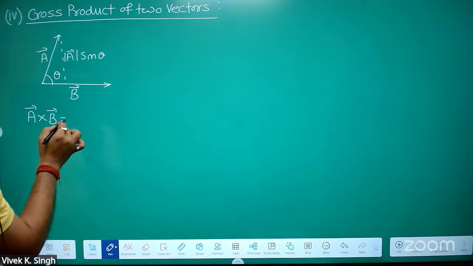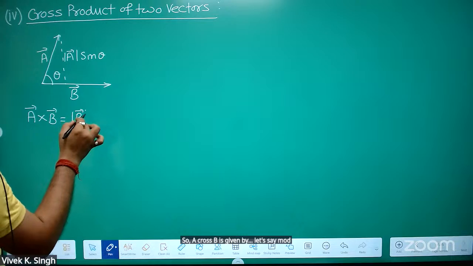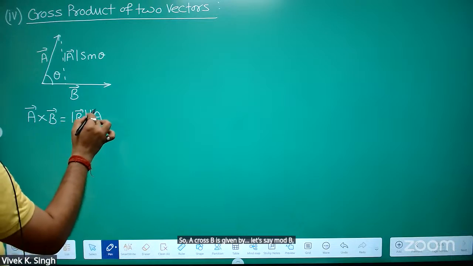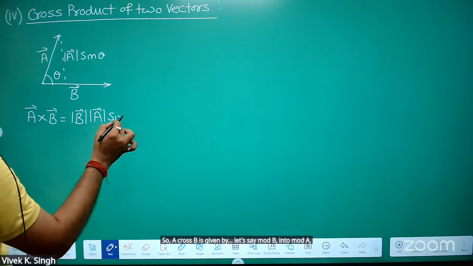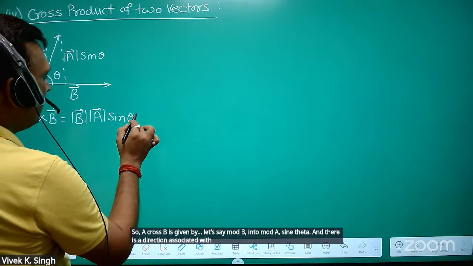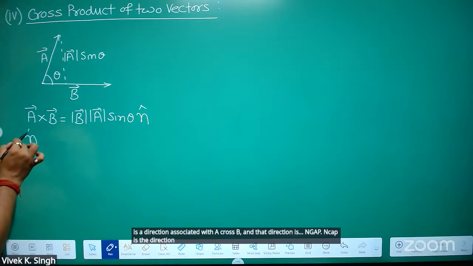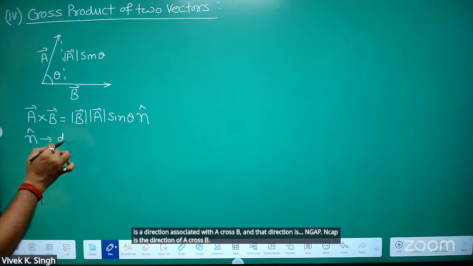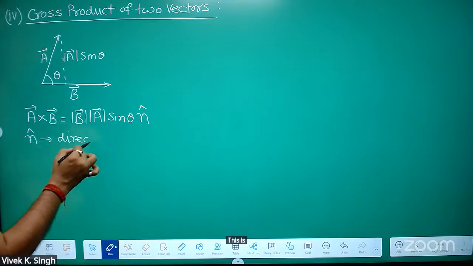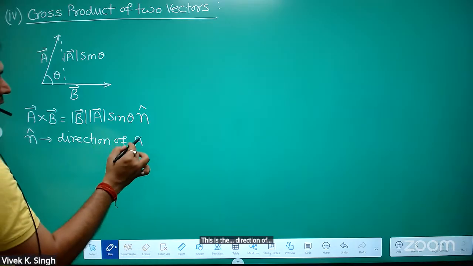So A cross B is given by, let's say, mod B into mod A sin theta. And there is a direction associated with A cross B, and that direction is n cap. N cap is the direction of A cross B.